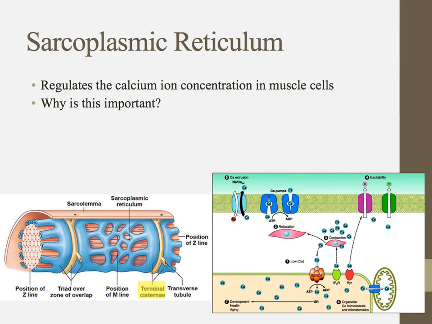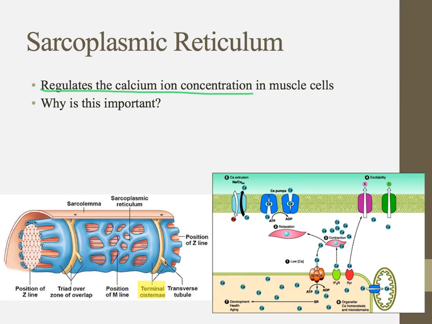So in comes this sarcoplasmic reticulum. The job of the sarcoplasmic reticulum is to regulate the calcium ion concentration. We need calcium ions to expose those myosin binding sites to move that tropomyosin out of the way.